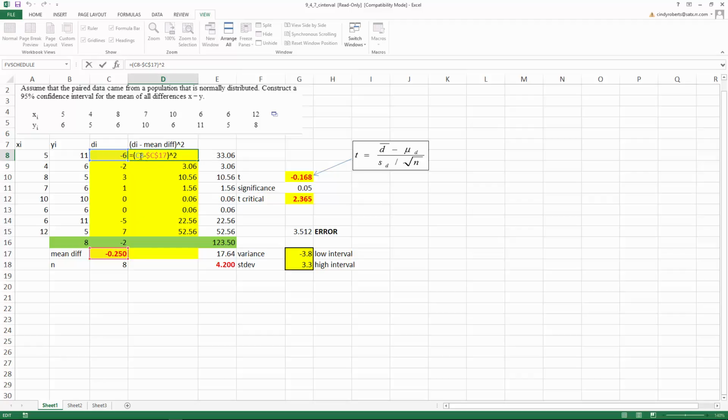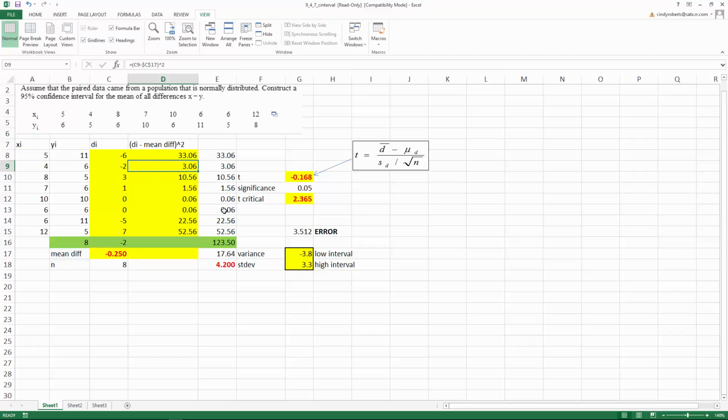Notice the first term is C8. When I copy, it moves down, and I don't want the mean to move, so it's going to keep that fixed. Again, I'm just taking each individual value, subtracting the mean difference, and then squaring it. That's the caret, they call it a caret. I don't know why they call it a caret, but it's shift 6 and then 2.